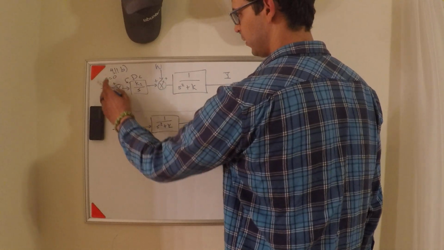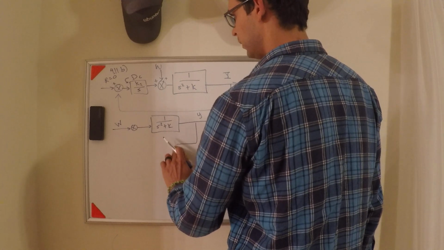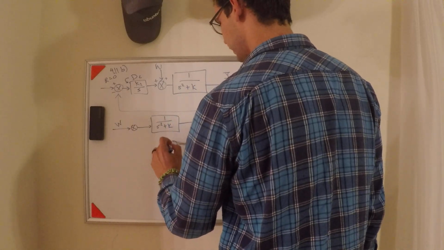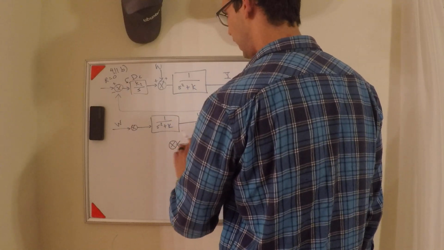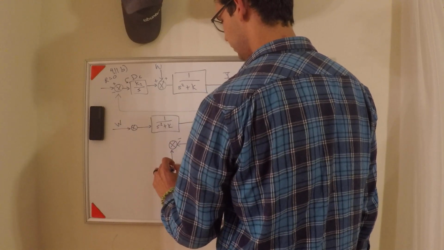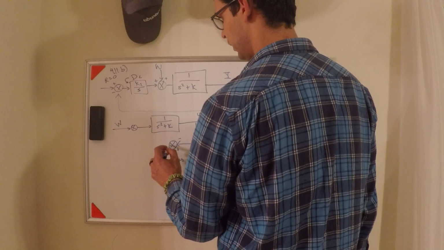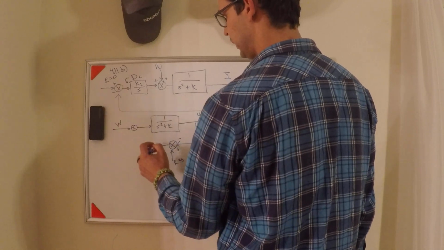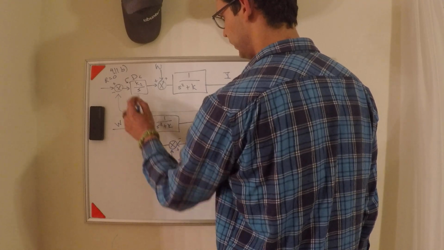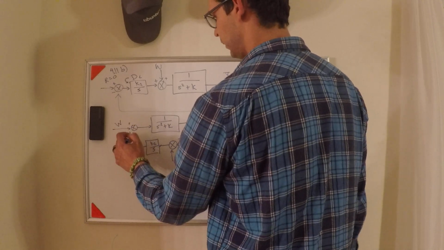Because R is 0, you've got to put a plus minus. I'm just going to draw it so you see. Y comes down here, negative, and then R comes in here, plus. But R is 0 now, so that's going to go away. Then the output is E, which hits DC, K2 over S, and that comes back in here, plus, plus.